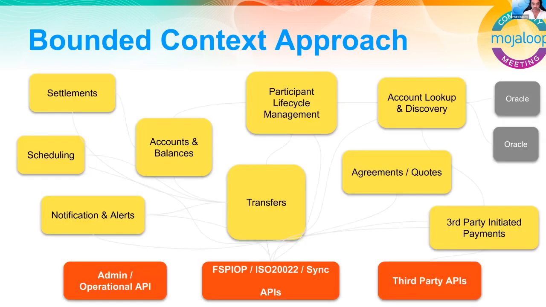This is the bounded context approach. I'm not going to explain this again, but this makes a lot more sense when you know the current approach that we have, because it shows how significantly different this is. What we did here was split pretty much all of the different components of the system into their own bounded context.